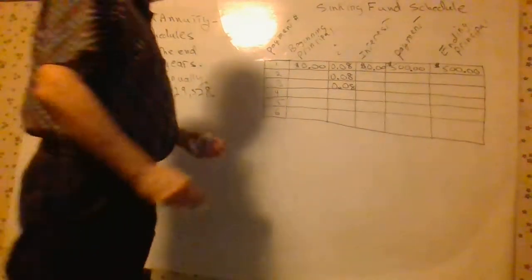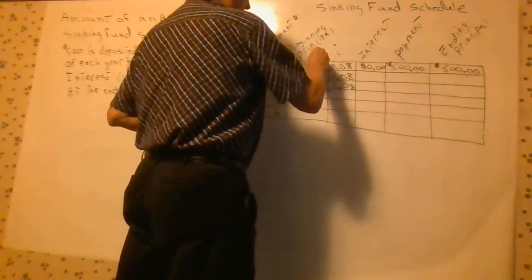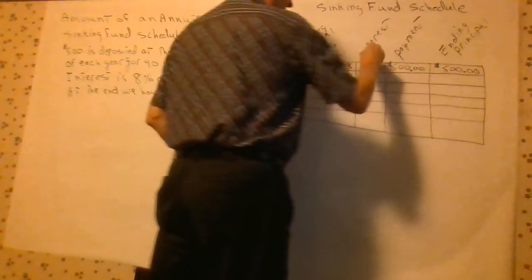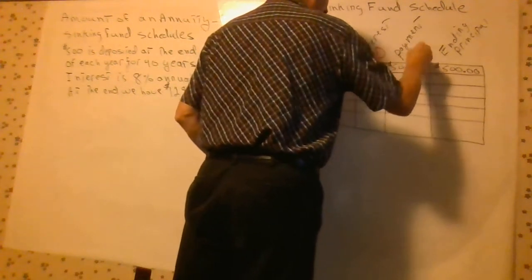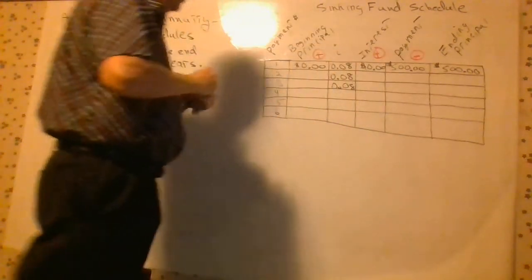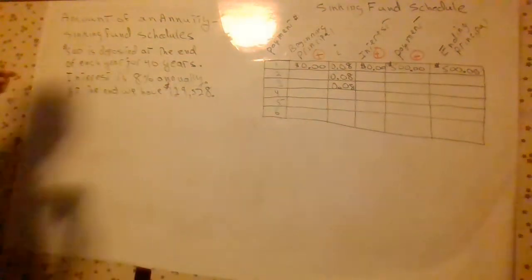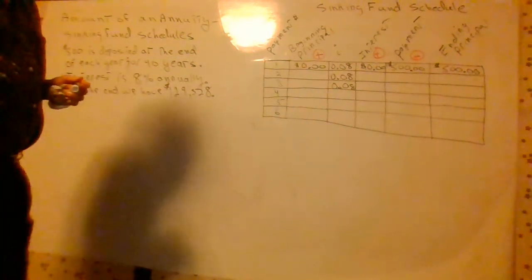Keep in mind, in this case, interest is a positive, payment is a positive. Everything's going into the account. There are no debits here, nothing's coming out.